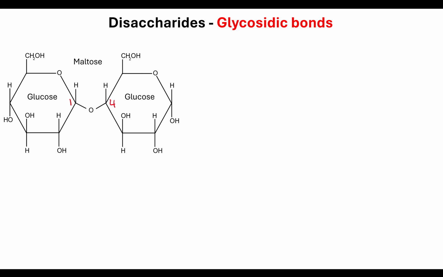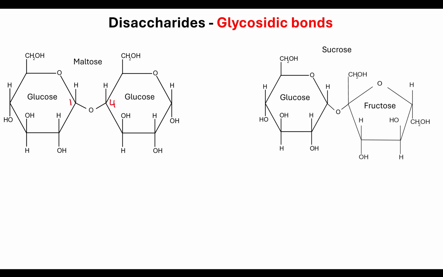Now the disaccharide, therefore, in this case is called maltose. We've taken the two glucose monomers and we've now joined them together at carbon 1 and carbon 4 with a covalent bond. Now that being held together is called a glycosidic bond. It's called a 1-to-4 glycosidic bond.